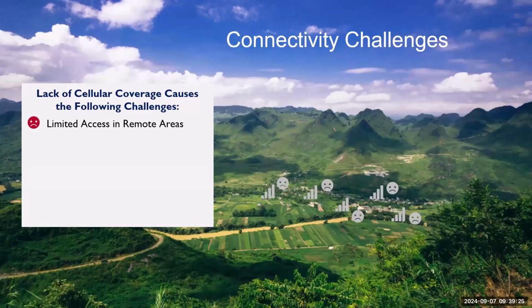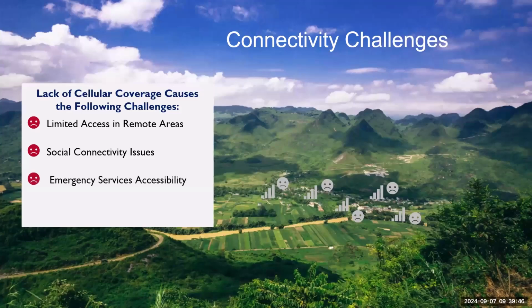Next is social connectivity. It reflects the difficulty in maintaining personal and professional relationships in the digital age. That's why they say connectivity is now part of necessity sa human life, especially digital connectivity. And then, of course, emergency services accessibility. The distant and scattered buildings imply a sparsity of essential services.